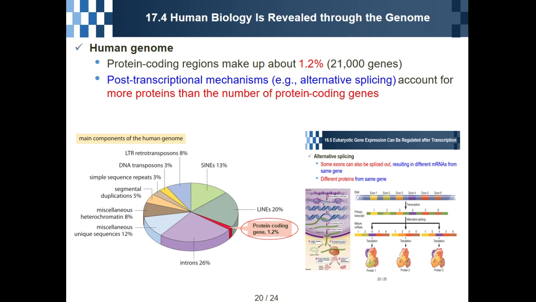Alternative splicing is from the same gene, they can make different proteins like this. Even though we only have 21,000 genes, we have more than 50,000 proteins. The reason is because we have several post-transcriptional mechanisms. One example is alternative splicing.